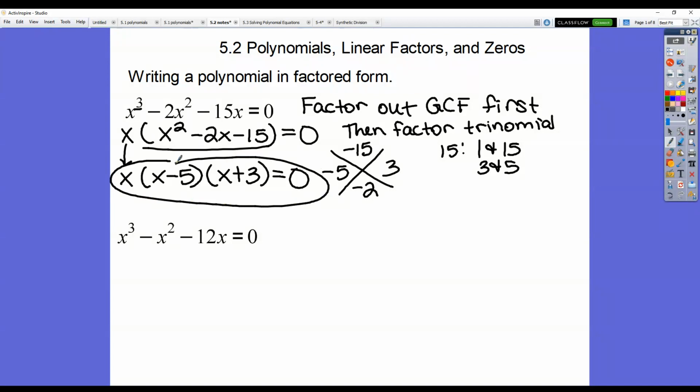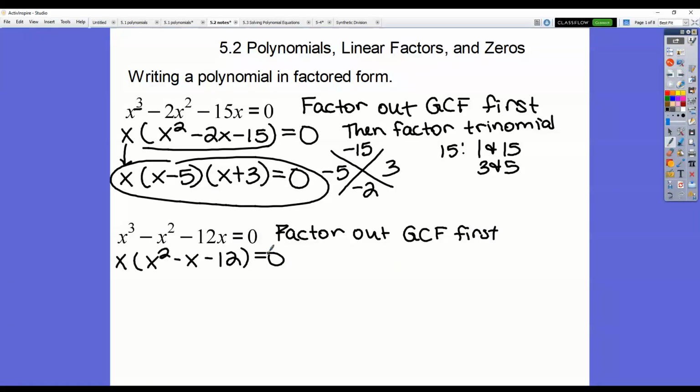The next one, again, look, is there something they all have in common? We factor out GCF first. Greatest common factor here is x. Then factor the trinomial.